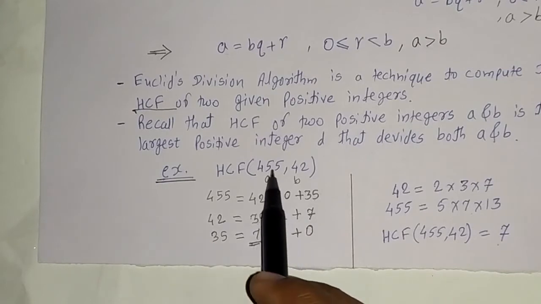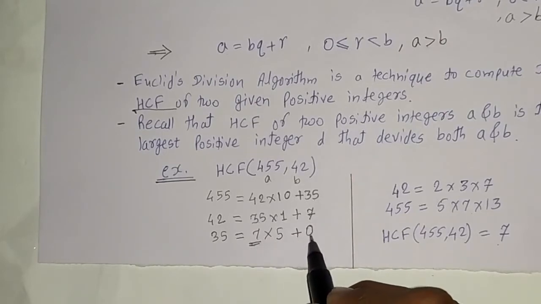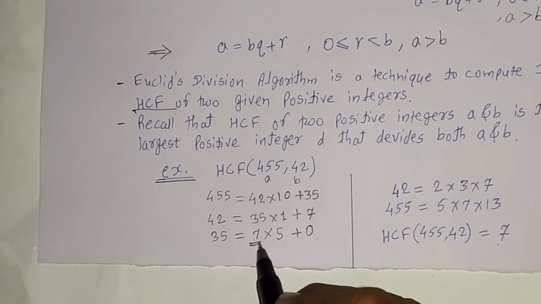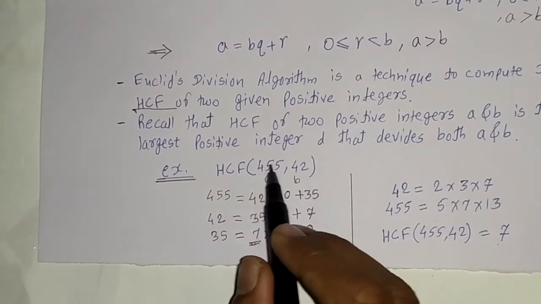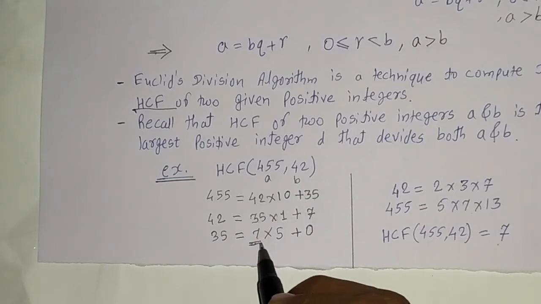Suppose the numbers are large, within few steps you will get the HCF. So what will be the HCF? Once you get the remainder as 0, the divisor in that particular step will be our HCF of the given two numbers. This is the way to apply the theorem.